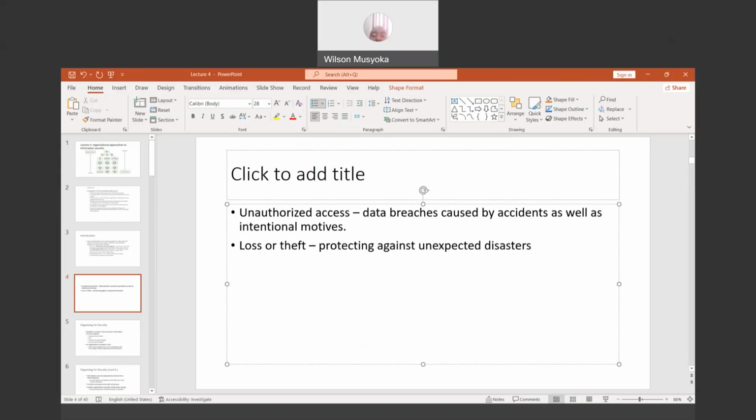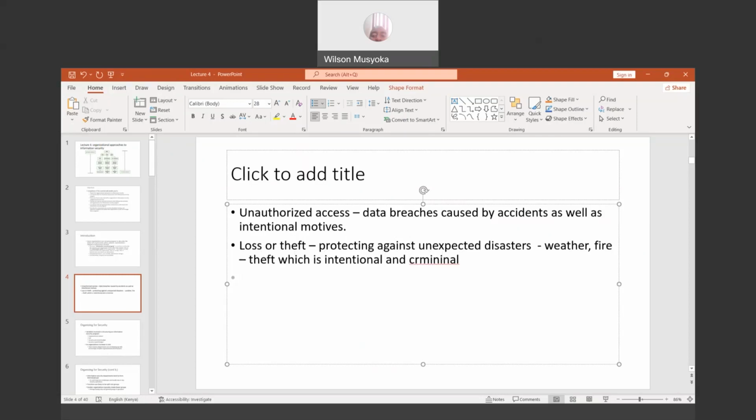So here we could be talking about weather, fire, and also theft, which is intentional and criminal.